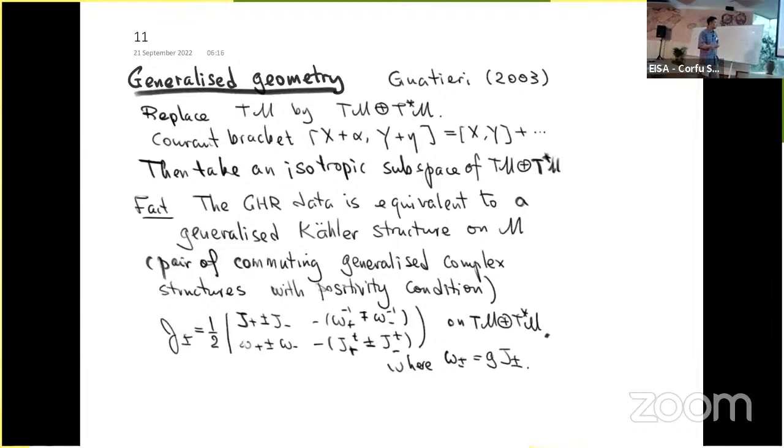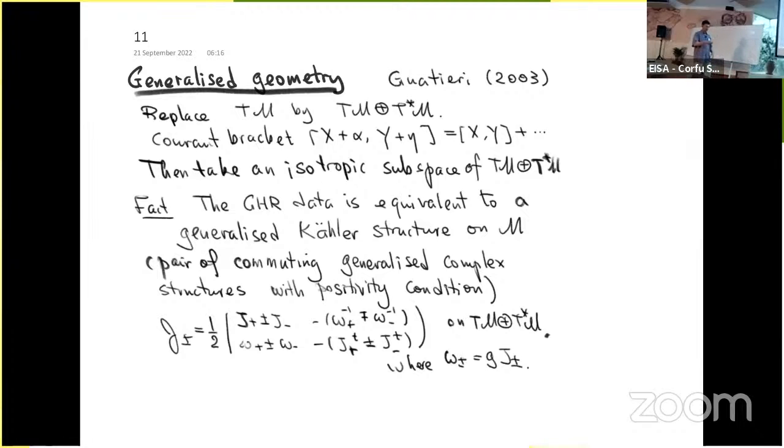So these data, complex structure, connection, etc. in the previous slide, is equivalent to having a generalized Kähler structure on M. So this means a pair of commuting generalized complex structures. A generalized complex structure is a complex structure on this space of double the dimension. And then there's also a positivity condition, because you don't want to lose the positivity of the original Riemannian metric.